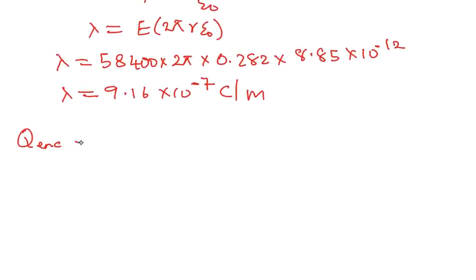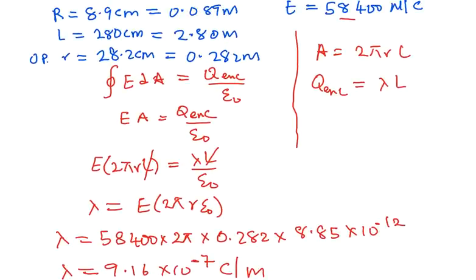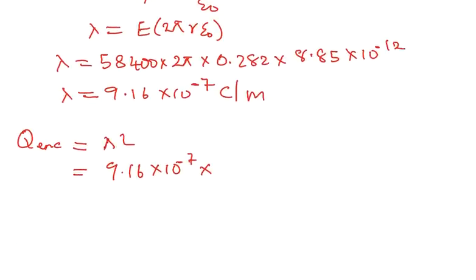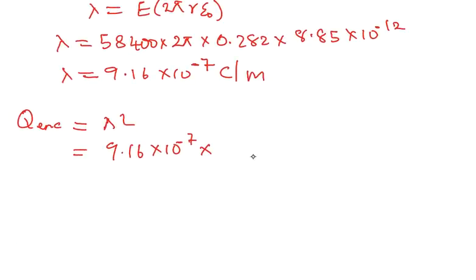So Q is equal to lambda L. We have lambda to be 9.16 times 10 to power minus 7, multiplied by the length of the cylinder, which is already given as 2.8.